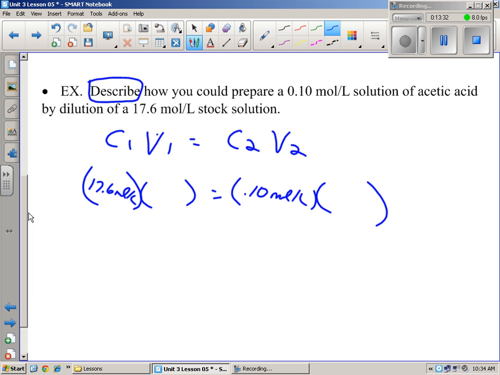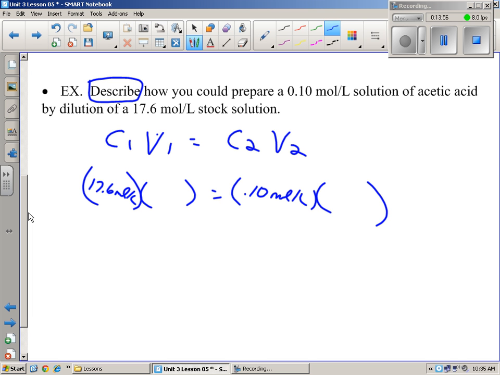When you're given two numbers like this, where does the 17.6 have to go? First one or second one? Obviously, the bigger number has to go first. You can't start with 0.10, add water, and get 17.6.